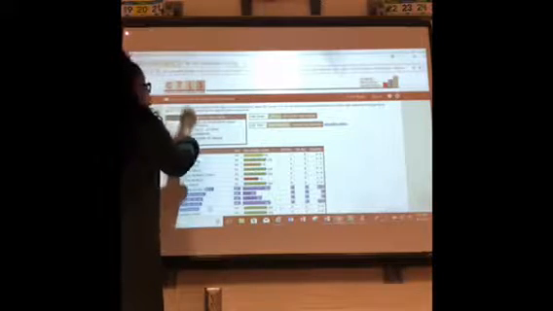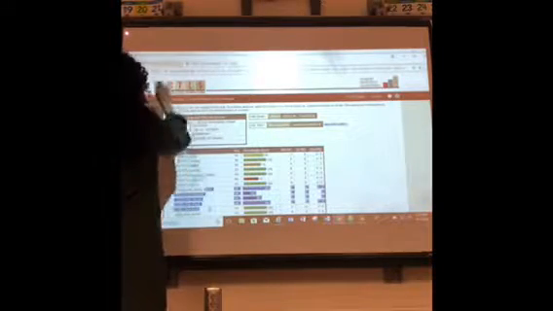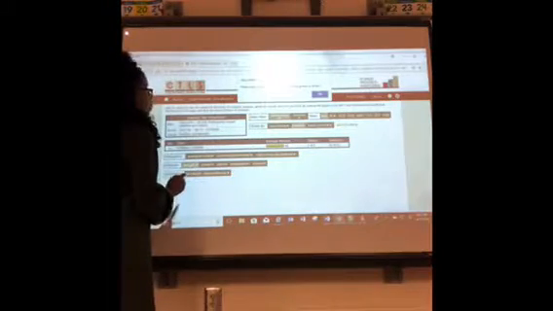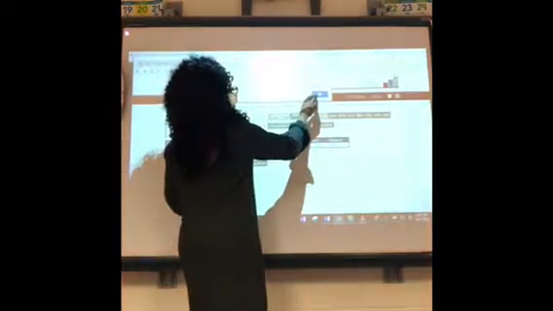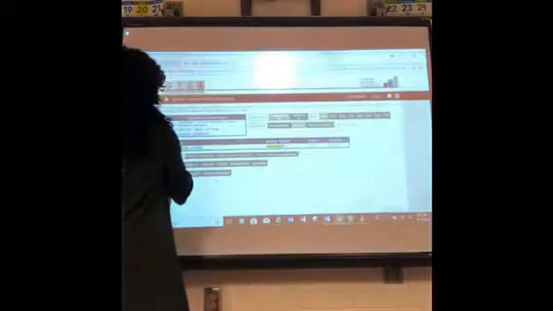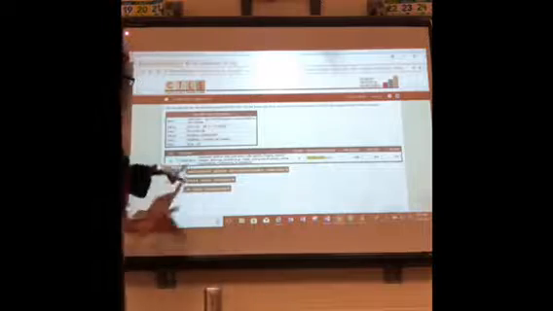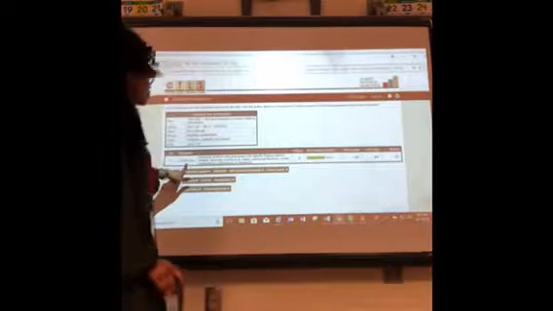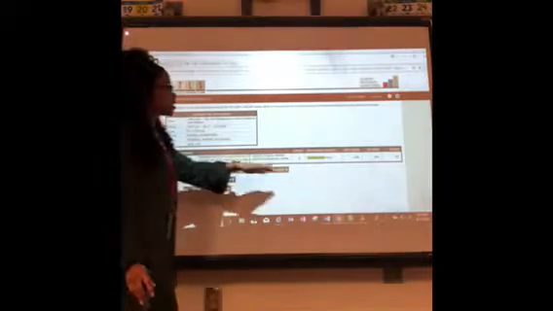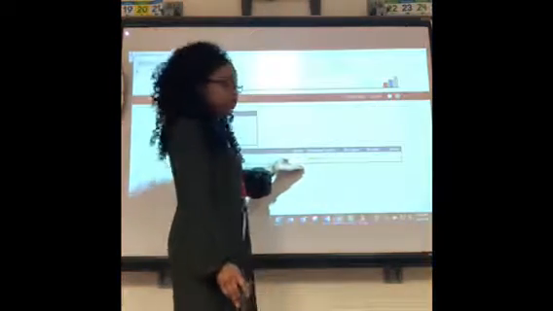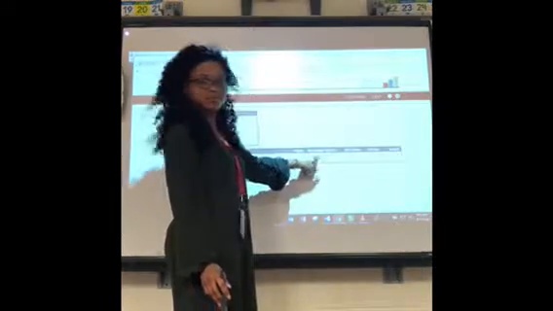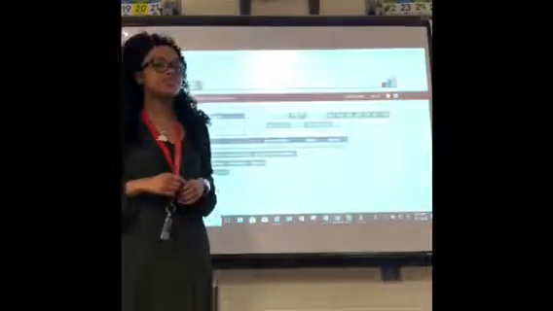I can also look at the standards. As you can see, we were assessing OA1, and it tells you what that standard is. There were 8 questions just based on OA1, and my class, as we already discussed, had an 80% average.